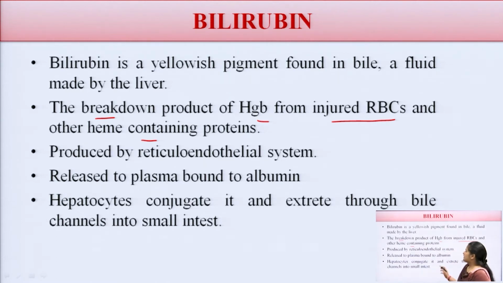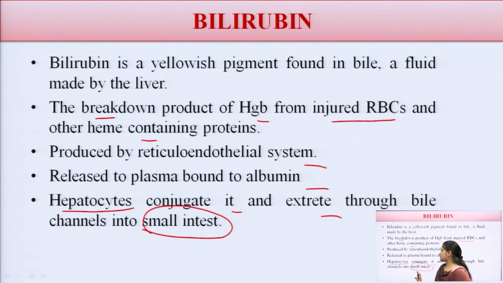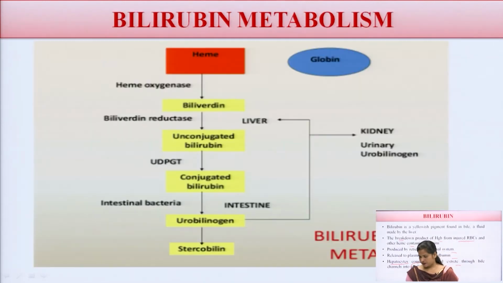These are processed by the reticuloendothelial system and released into the plasma bound to albumin, and the hepatocyte cells conjugate it and excrete it through the bile channel into the small intestine.